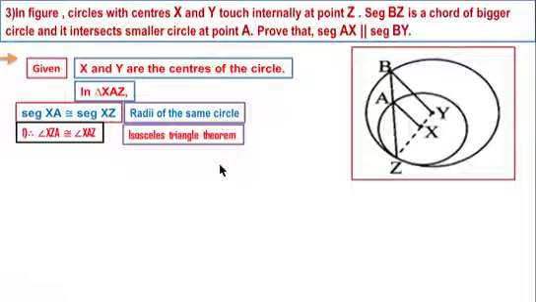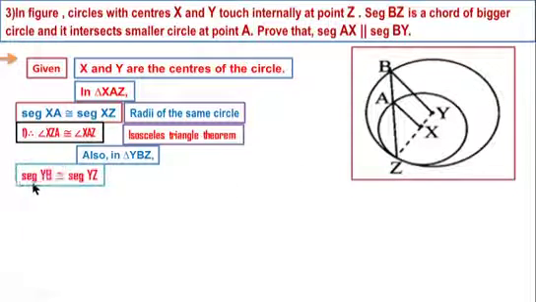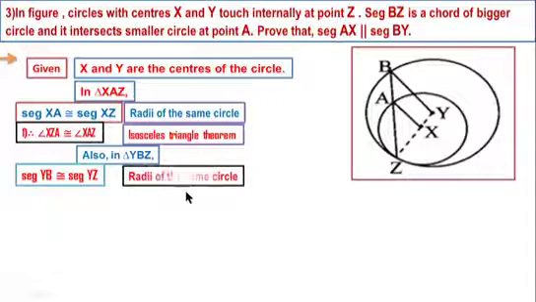Also in triangle YBZ, segment YB is congruent to segment YZ, radii of the same circle.